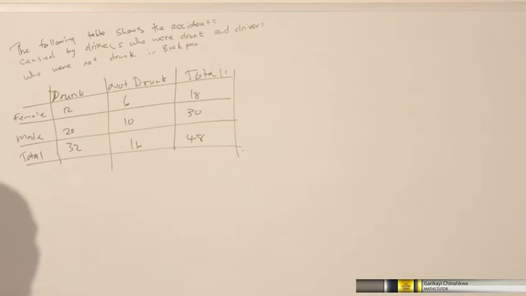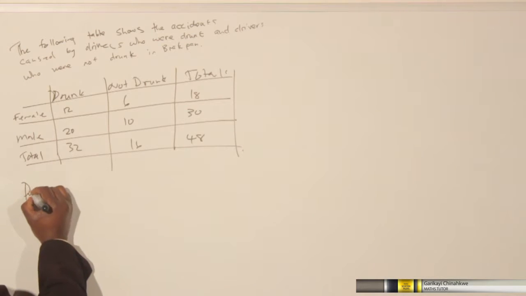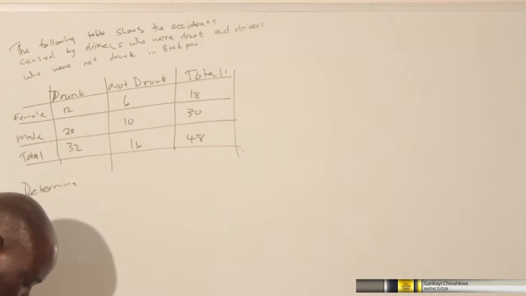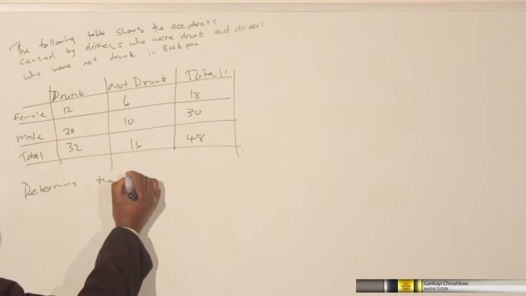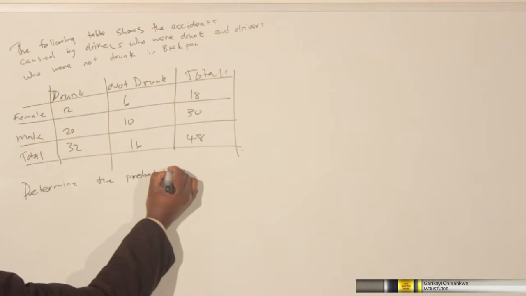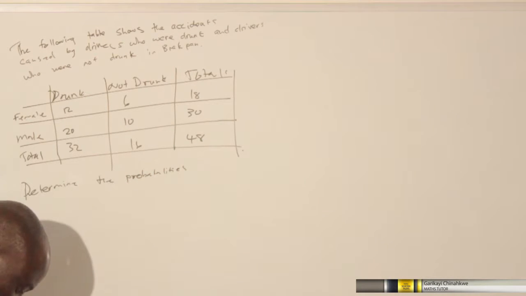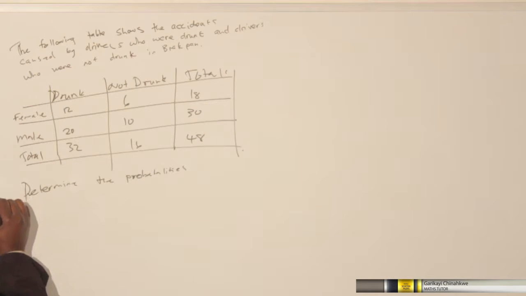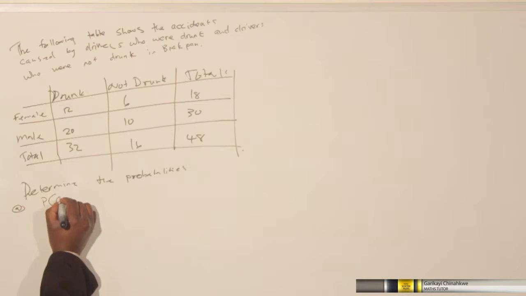Then the question is to determine the probabilities. This is question 1. A, probability of female.